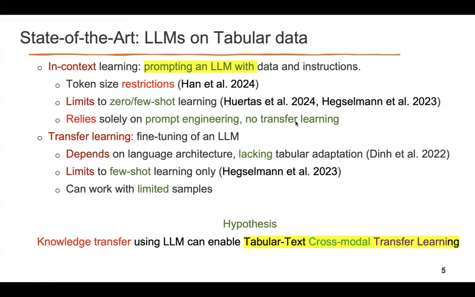Here is an example of how we do it. Let's say this is a data set with 4 different features and the labels, which is the tabular data. We can convert each sample into a sentence, and multiple sentences into a sequence of sentences.